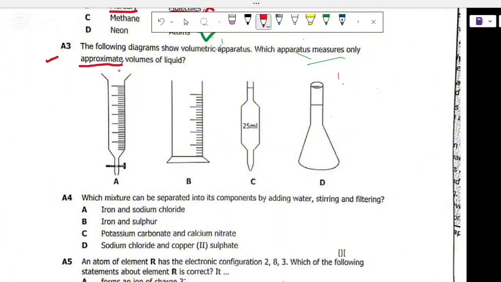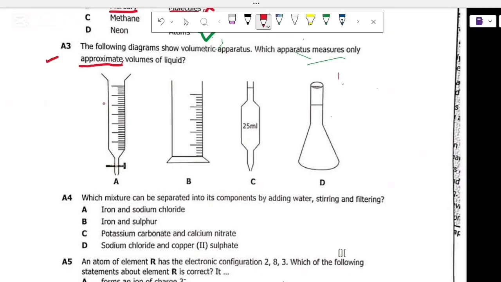So approximate doesn't equal accuracy, because sometimes you can measure the volume accurately or just an approximation, like in this case. In this case, they are looking for the apparatus that you can use to measure just the approximate volume of a liquid. So which one is going to be the correct answer?